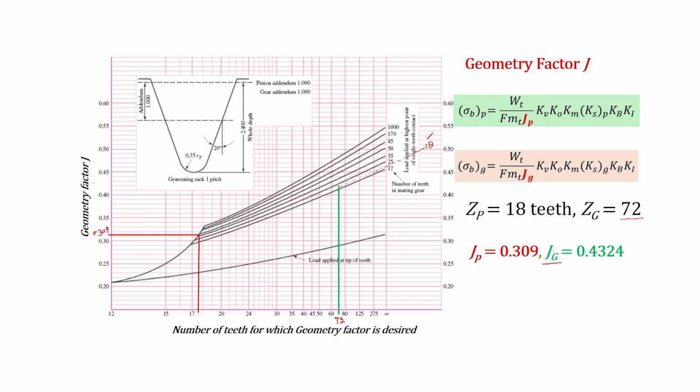A curve corresponding to 18 should have been selected, but there is no such curve, so we find the value of JG when the number of teeth on the mating gear is 17 and when it is 25, and then interpolate to get J for the gear when the number of teeth on the mating gear is 18, and it has been found as 0.4324.